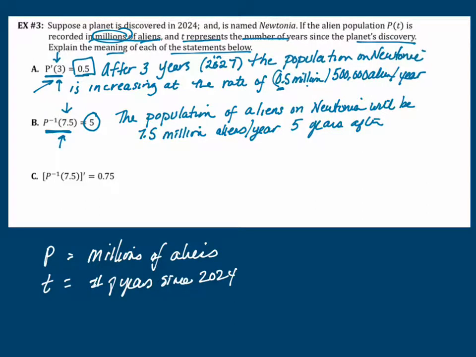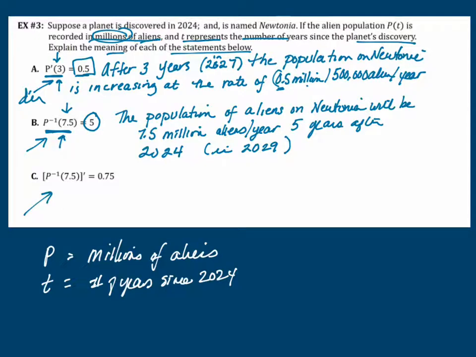This is not a derivative, so you're just saying how many will be there. So notice this was a derivative. This was just the inverse function.